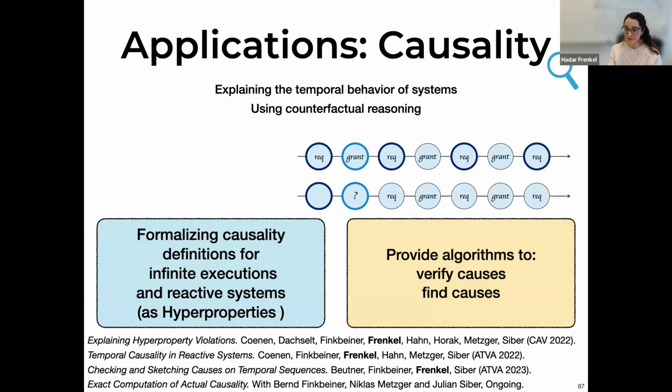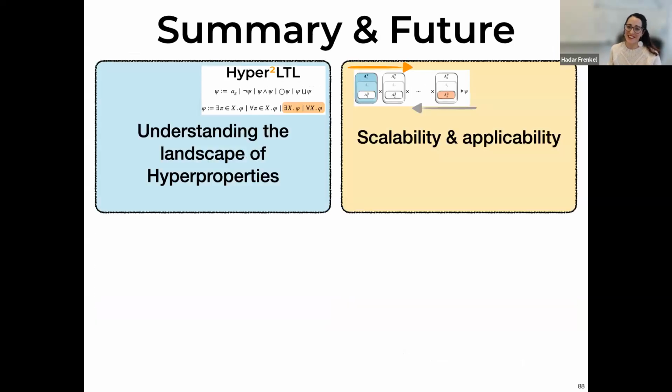And now I reach the end. What we've seen today is hypersquare LTL and its verification algorithm. But in general, it falls in the category of understanding the landscape of hyperproperties. How do I express properties of interest in a way that allows me to reason about them and to provide algorithms for them?